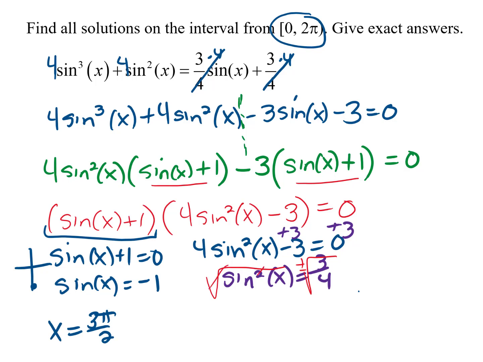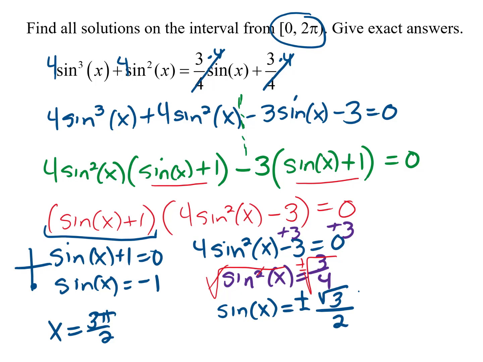The squared and square root will cancel. So what I have left is sine of x equal plus or minus. The radical applies to the numerator and the denominator, so we can split it up when there's one fraction underneath. So putting it on the numerator, square root of 3, applying it to the denominator, square root of 4, which is 2.